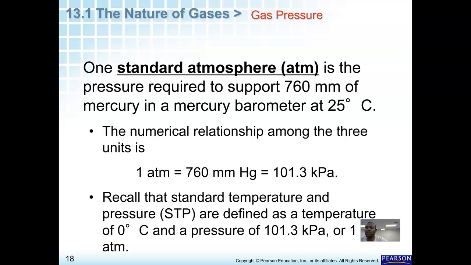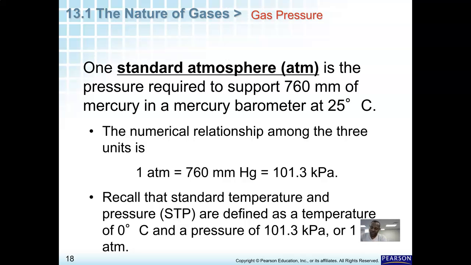One thing that you all have to be careful about is that when we say one standard atmosphere, we are not saying this is exactly the same as STP, which we call standard temperature and pressure. We remember that at STP, the volume of 1 mole of any gas is 22.4 liters.